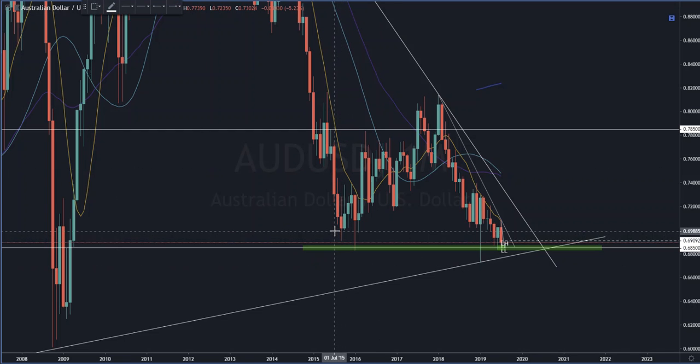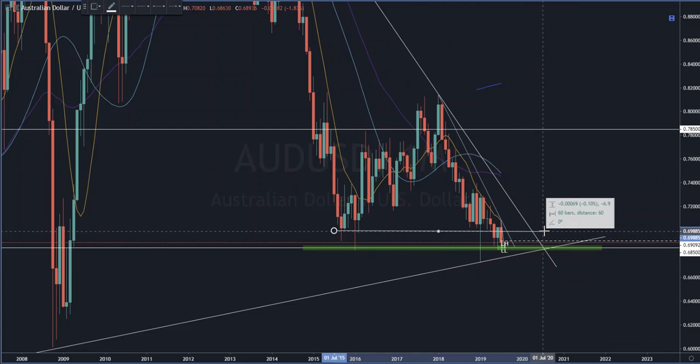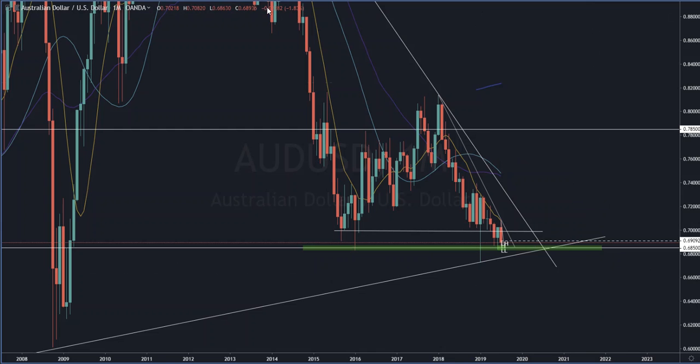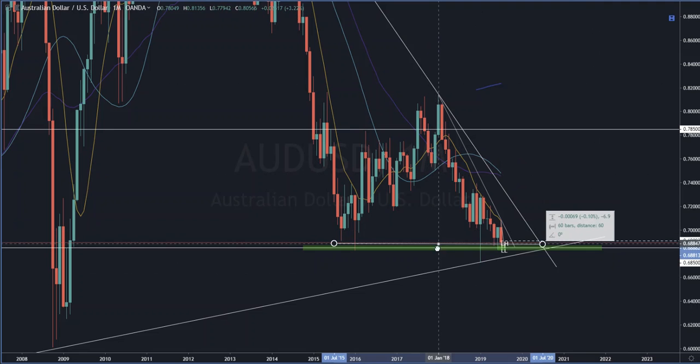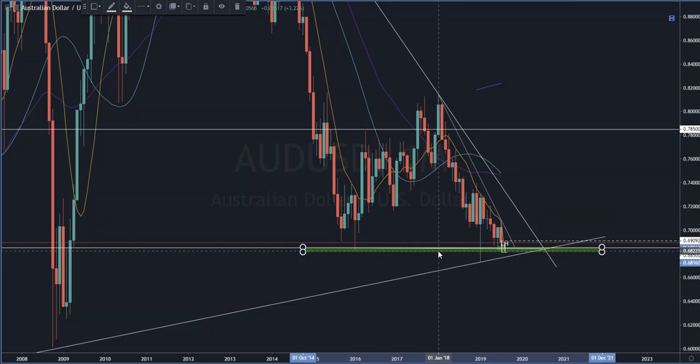And as it stands, we haven't had a close below this spike here.